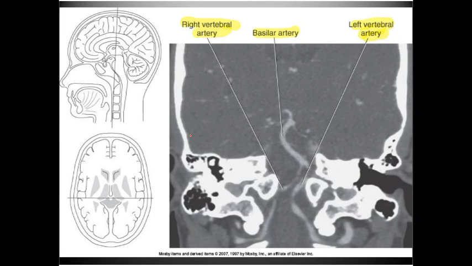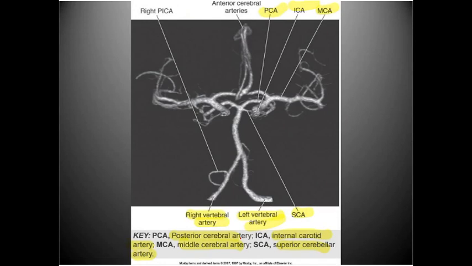Here we have the basilar artery again. We have the right and the left coming into the basilar artery, pretty much the level of the EAE. So here is the right and the left coming in. And this would be the carotids here.